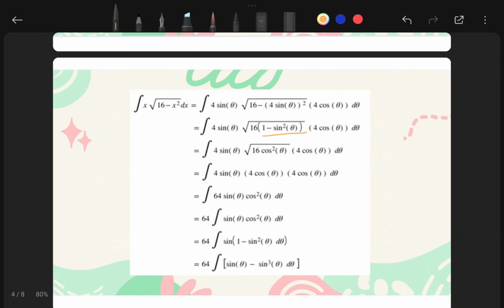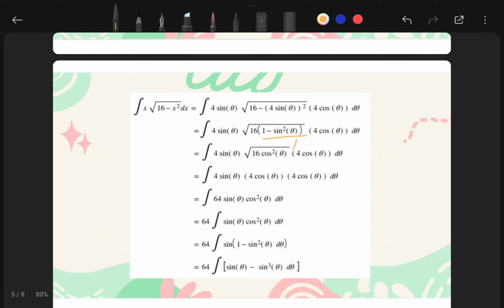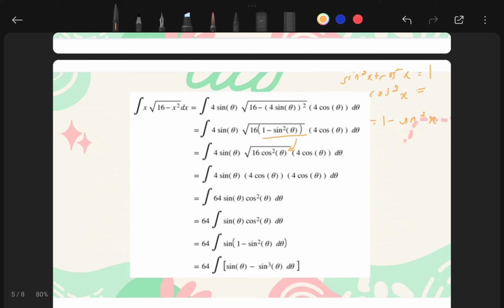From this calculation, we want to turn it into this one by using the formula sin square x plus cos square x equals 1. By using this formula, we can get this one.